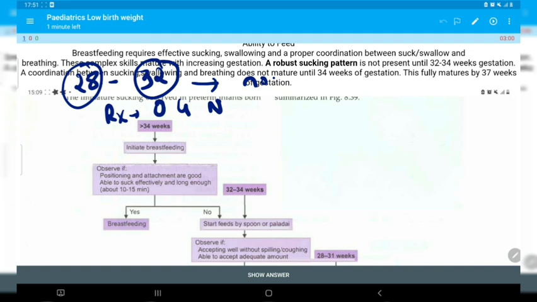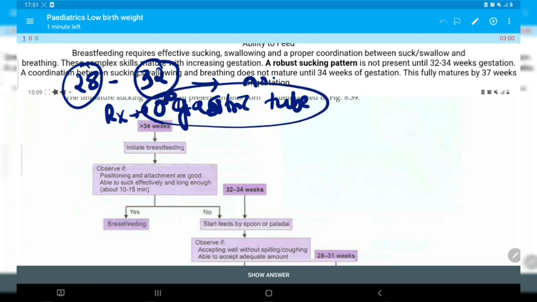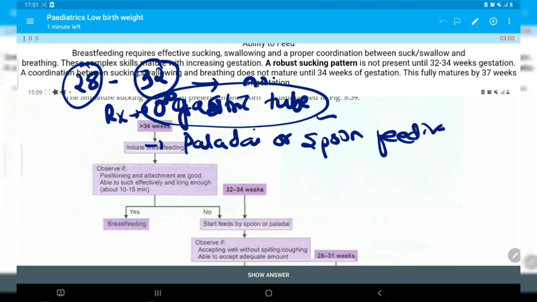After reaching 32 weeks we can do paladai or spoon feeding, and after reaching 34 weeks we can give breastfeeding. So these three things we can do.